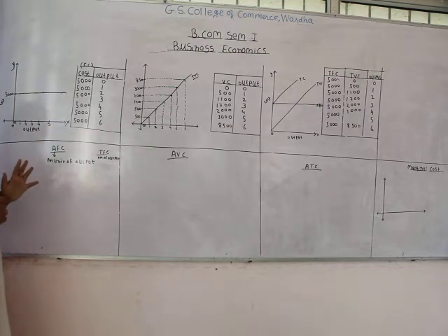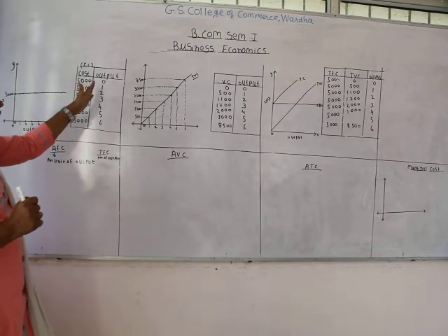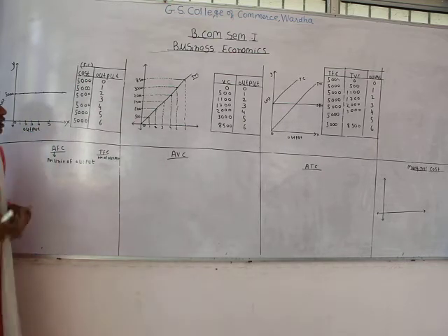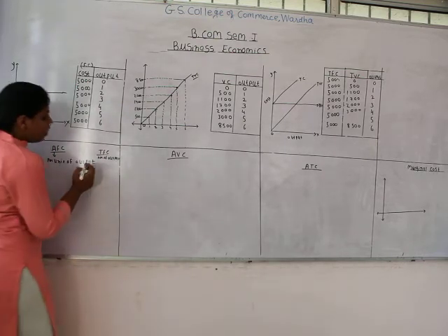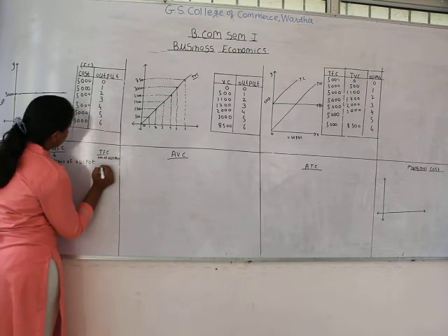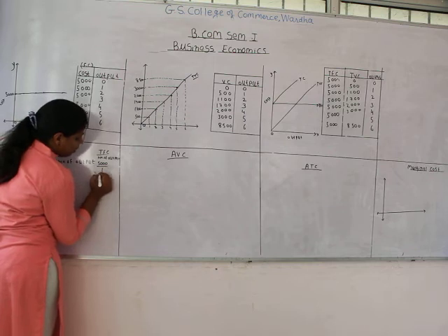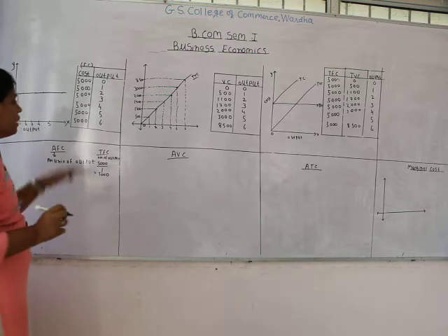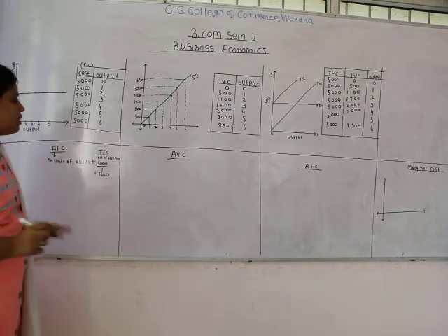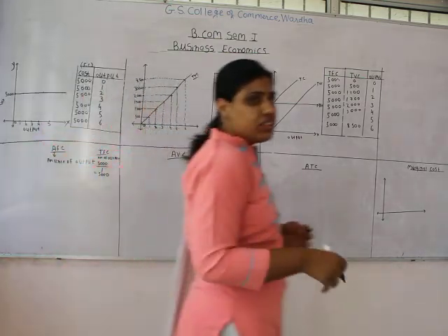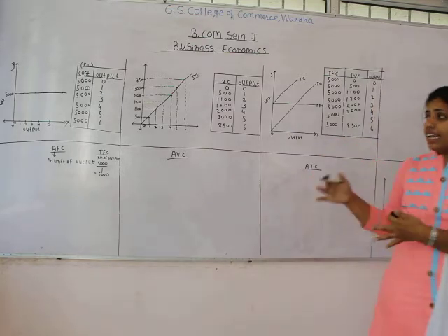So even at 0 level of activity, you have to incur fixed cost. When the output is 1 and the total fixed cost is 5000, average fixed cost also remains 5000. But when the output increases further, the average fixed cost starts declining.